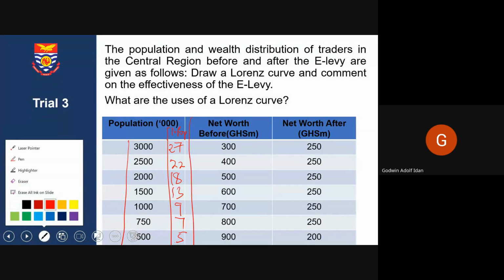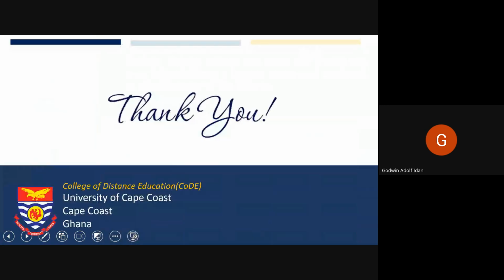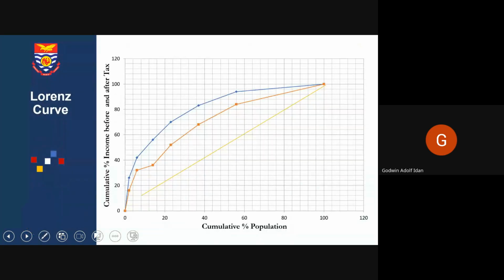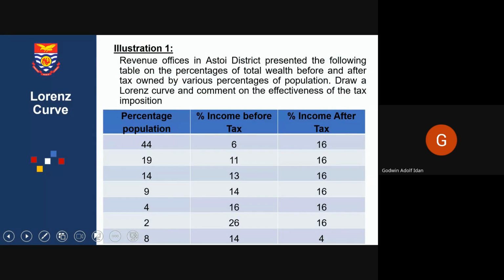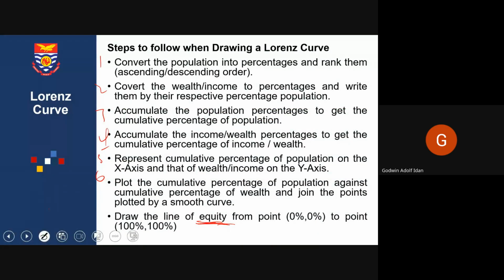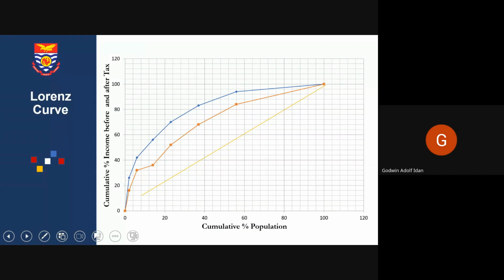Okay. Now let's try and add them and see what we get. It's 100. Okay.